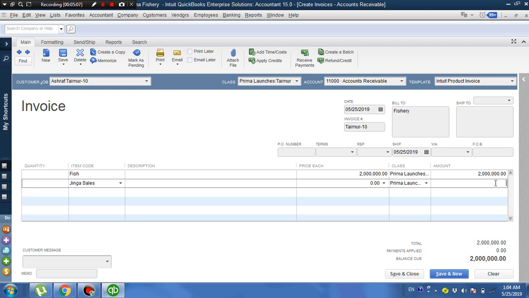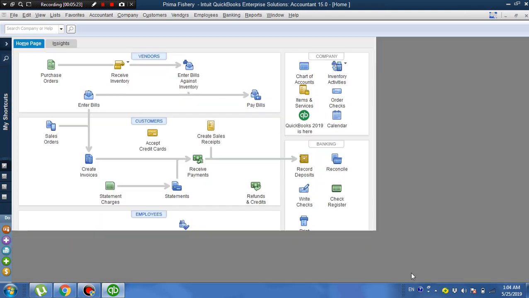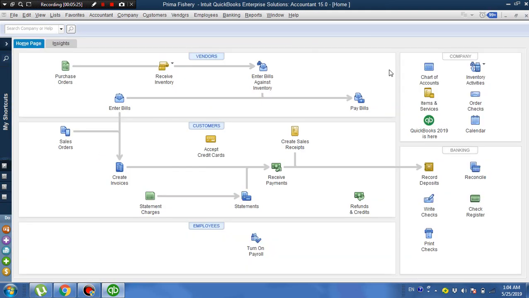Let's say it is 1.5 million, I hope. So now this is the total sale of 3.5 million. Let's record the invoice, press save and close. This invoice is recorded with the Taimur 10 job, with the Ashraf customer, and with the Taimur class.